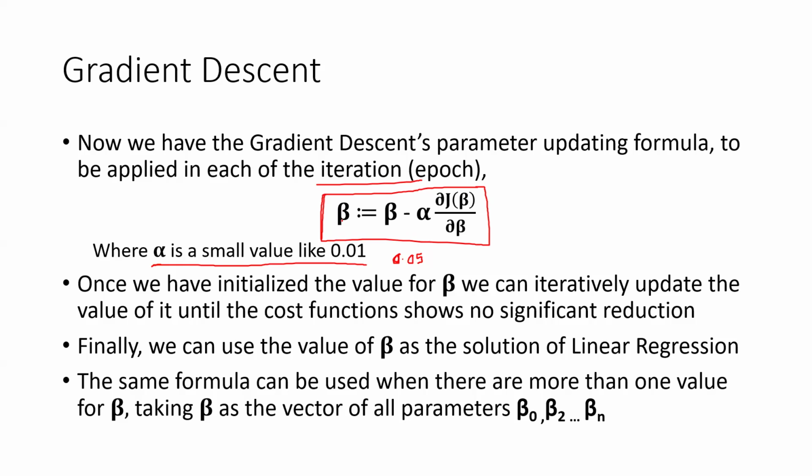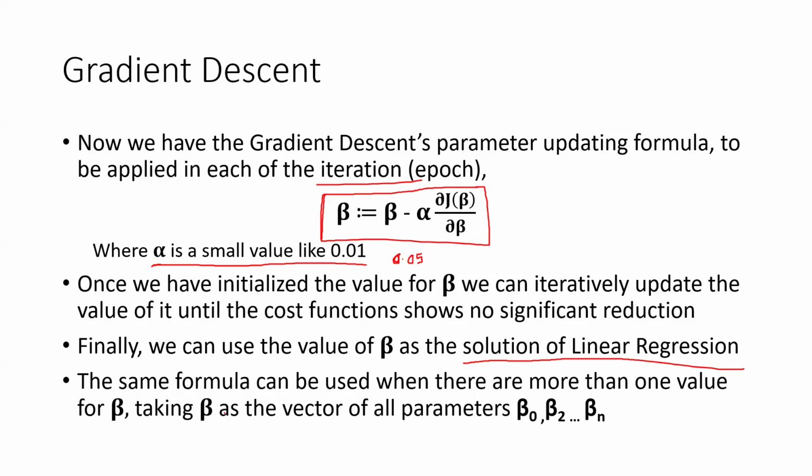In each iteration we check this, and if we find no significant J beta reduction in this step, we won't do further iterations, and we take the values for beta as the final values. These will be the solution for the linear regression.